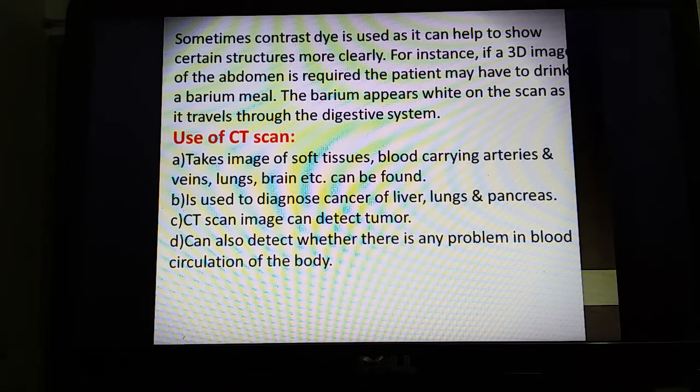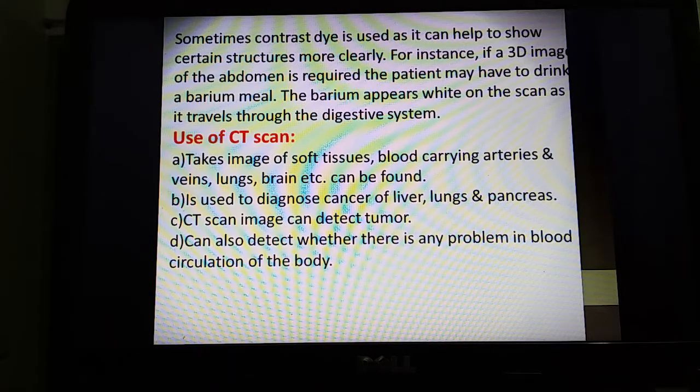What are the uses of CT scan? The CT scan is used to take images of soft tissues, blood-carrying arteries and veins, lungs, brain, etc. If any problem arises in these tissues, arteries, lungs or brain, it can be found by doing a CT scan.